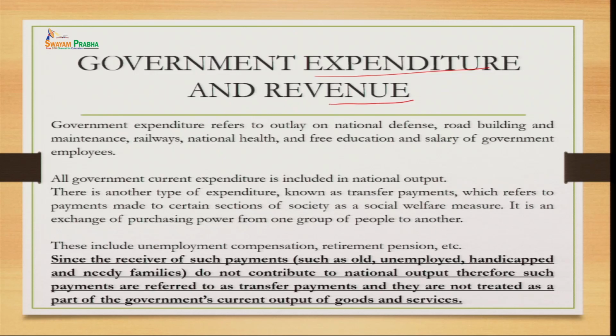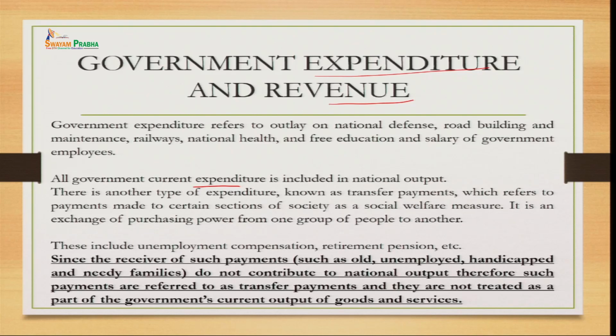If you talk about the expenditure of government, the total current expenditure is calculated for the calculation of national income. The expenditure which is done for the economic development of the economy is considered to be a part of national income, whereas there are certain expenditures made by the government for the welfare of society.